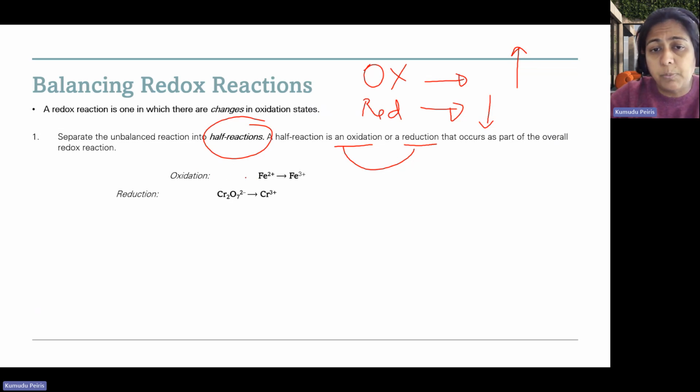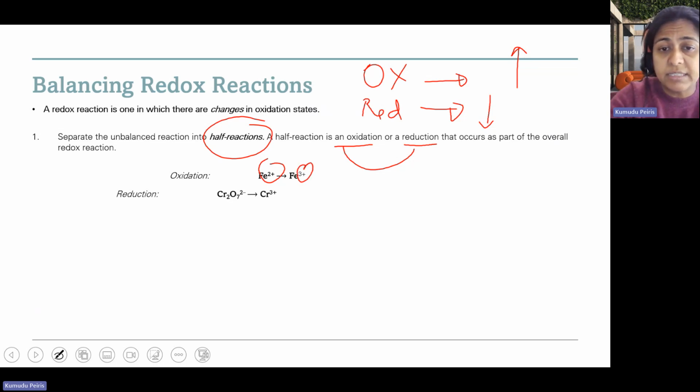For example, look at this oxidation reaction: Fe2+ goes to Fe3+. In Fe2+, the oxidation number is 2+ and in the product it is 3+. In this case, the oxidation number has been increased. Therefore, it is the oxidation. The other reaction should be the reduction.